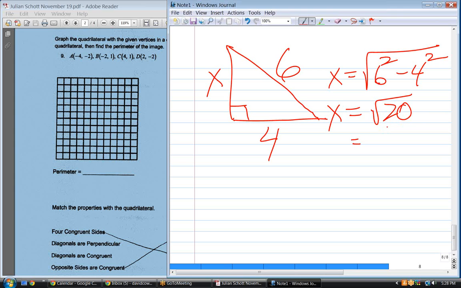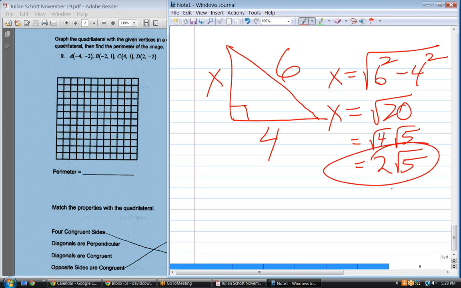The way I'm going to simplify it is I'm looking for factors of 20 where one of them is a perfect square. Well, 4. So that's the square root of 4 times the square root of 5. The square root of 4 can be turned into the whole number 2. So the square root of 20 is 2 root 5.